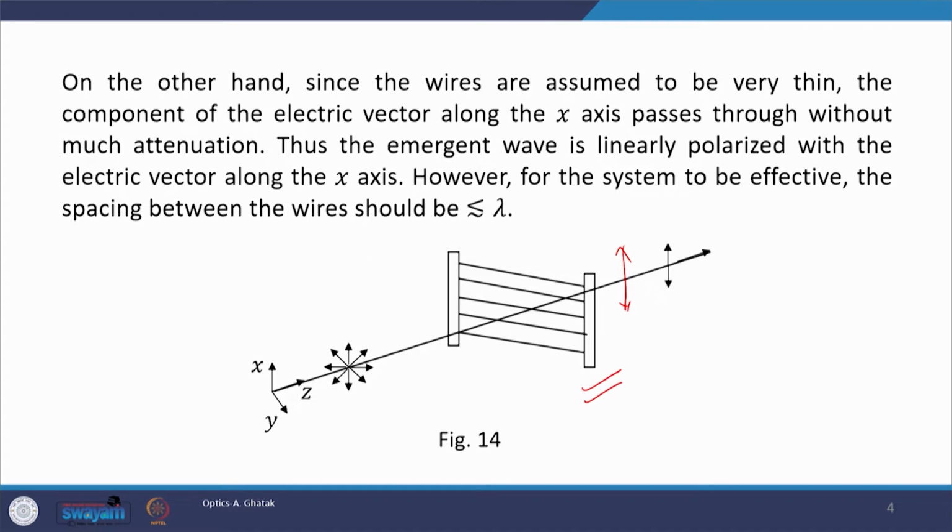But we know that the spacing between the wires should be either equal to lambda or much less than lambda. The spacing between the wires must be smaller than the wavelength of the light. But this is not feasible because the wavelength of light is very small. So how do we achieve this wire grid polarizer?